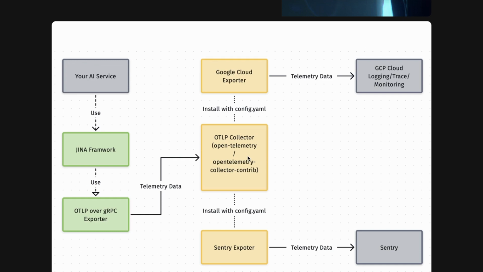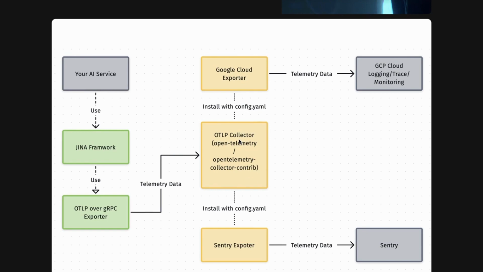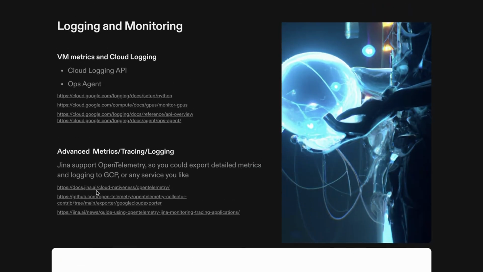If we are using Google Cloud, we can install the collector with the Google Cloud exporter, and all the data will be sent to Google Cloud Logging, Trace, and Monitoring. If we want to see our telemetry data in Sentry, we can use the Sentry exporter. I won't demonstrate this, but if you are interested, you can try it by yourself. It's pretty straightforward. The only thing you need to set up is the yellow parts here. You can click these links in the slides. They will be helpful when you're setting up OpenTelemetry.